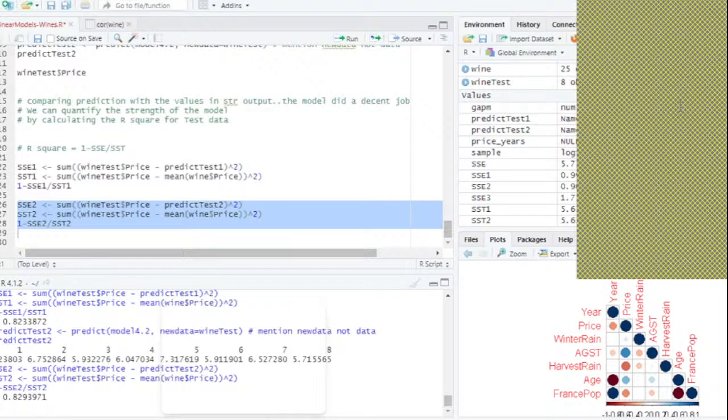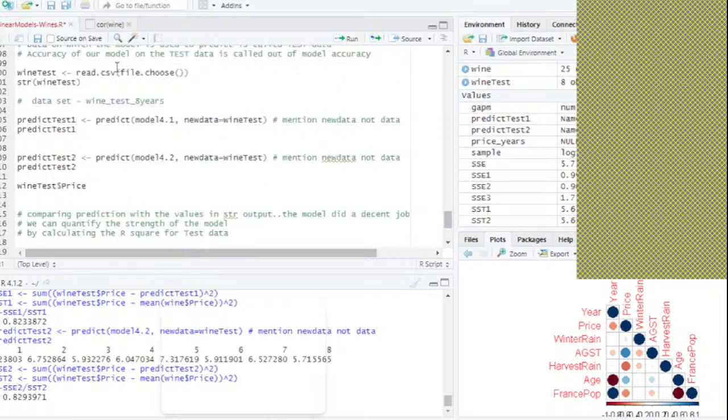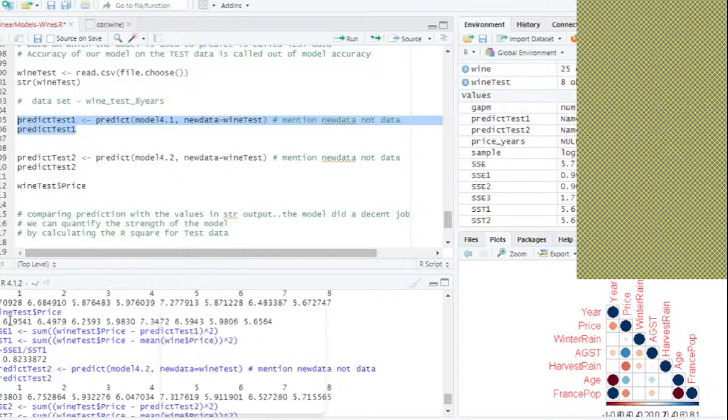Yeah, Angela, please say again. In predicted test output, is it the actual or predicted? Sorry, I could not get what you're saying. Okay, predicted test 1. These are predicted. This predicted test is giving me the predicted output in the console.